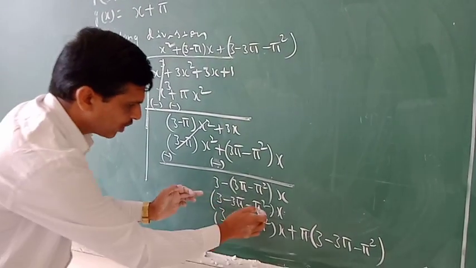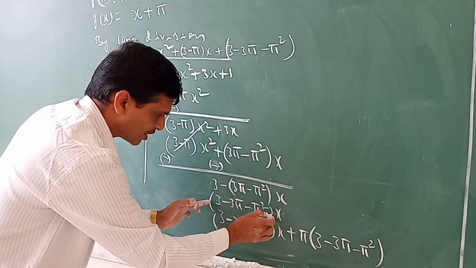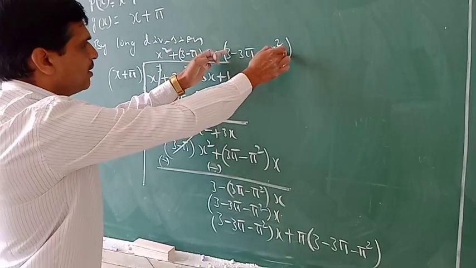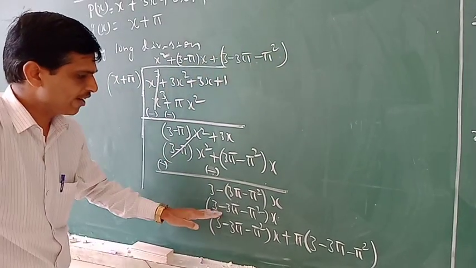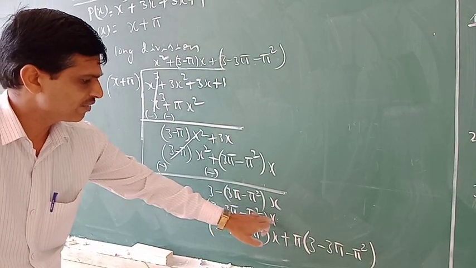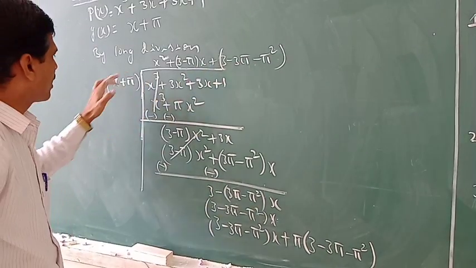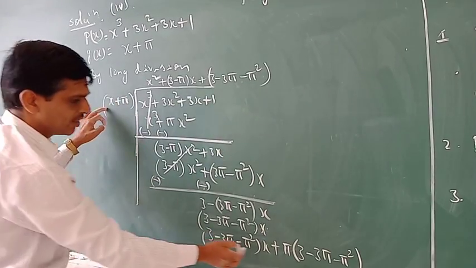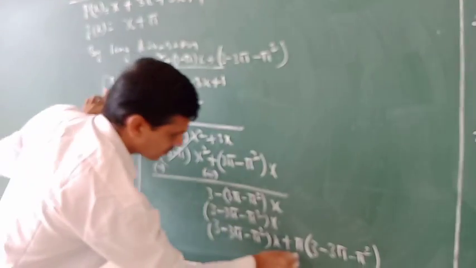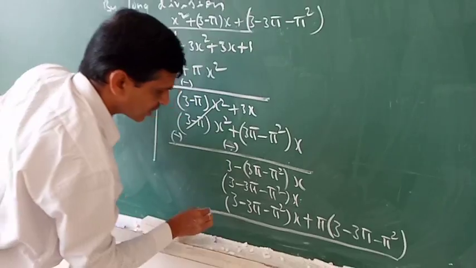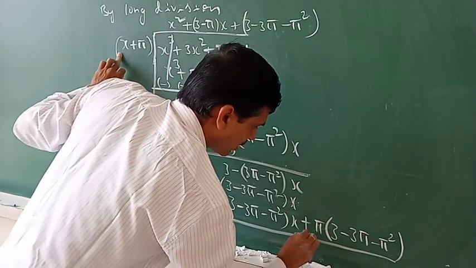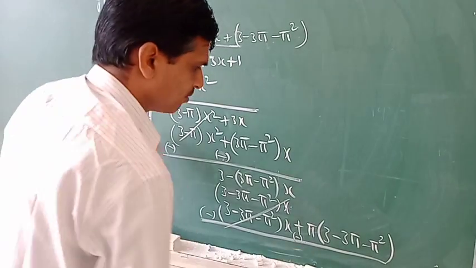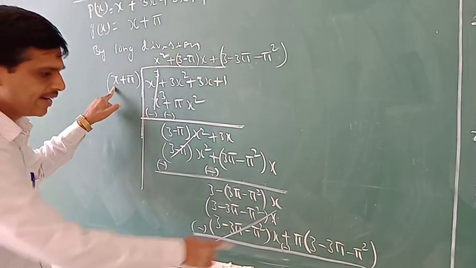To eliminate this expression, the coefficient of the x variable in the dividend is multiplied by the same term of the divisor. On subtraction, this becomes minus and this also becomes minus, so this is cancelled out. What is left now? There is no other variable here, since this term is less than that.